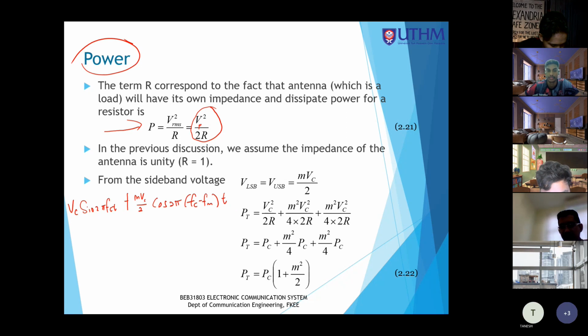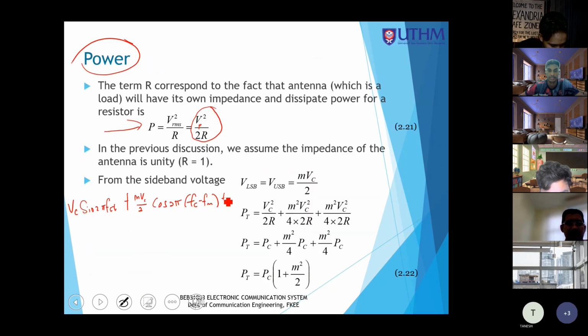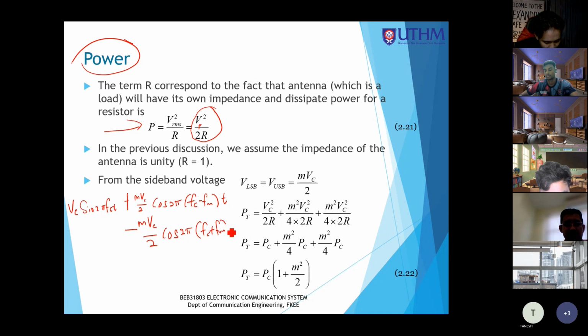Sorry, ni plus ke minus? Lupa pula. Tolak tadi. And then minus mVc over 2 cos 2 pi (fc plus fm) t. Ingat yang awal tadi.